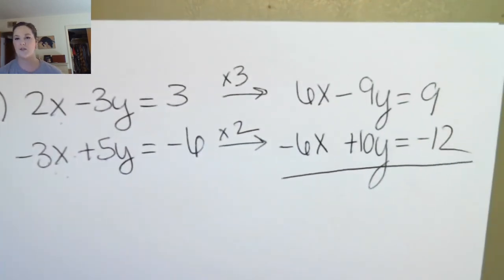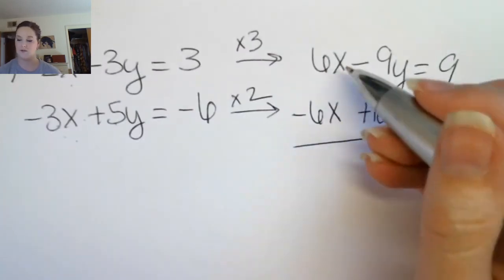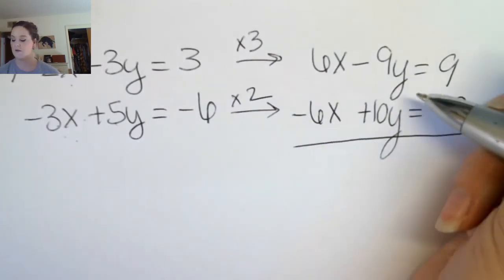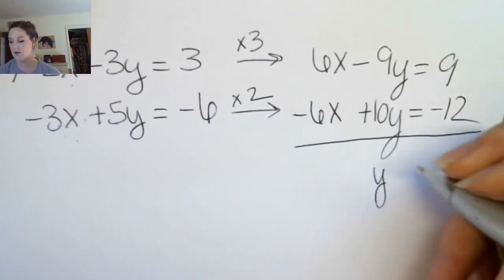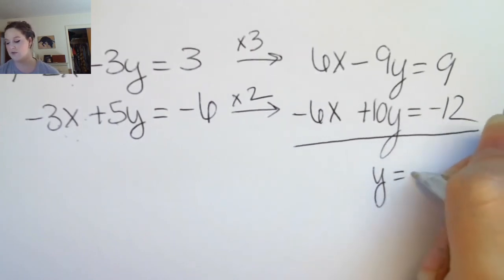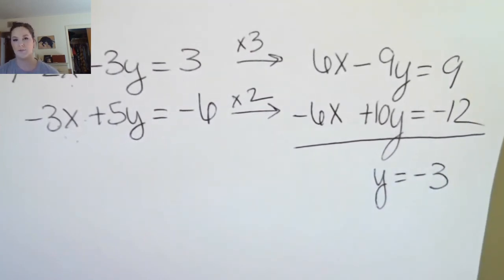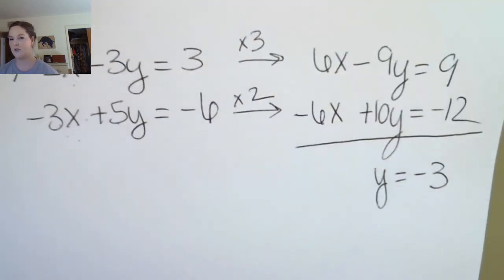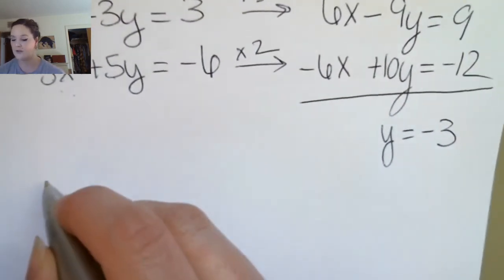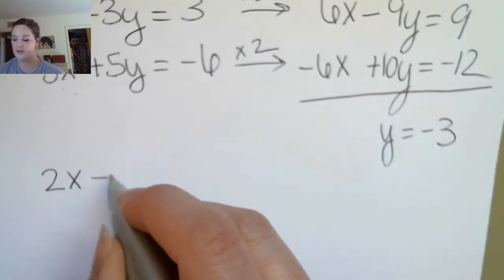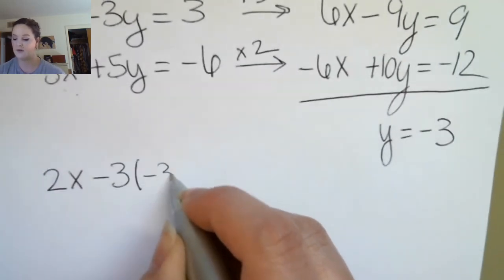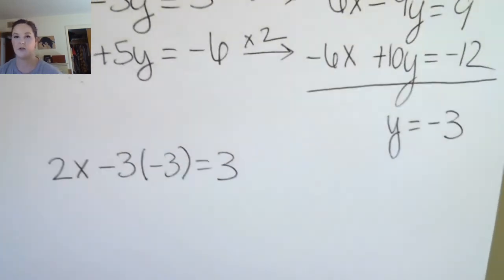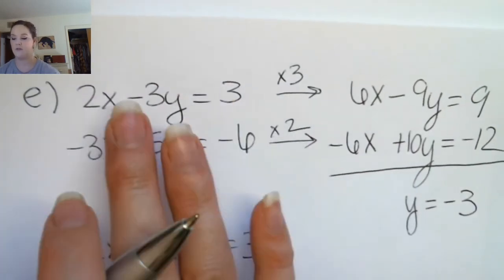Okay. So when you add these two together, 6x plus -6x is 0, -9 plus 10 is 1y, 9 plus -12 is -3. Okay, and then we're going to use that information to find the value of x. So 2x minus 3 times -3 equals 3. Okay, you can plug it into either one of the starting equations.